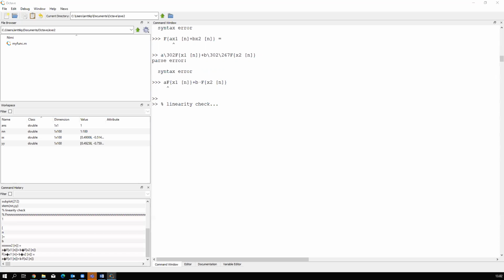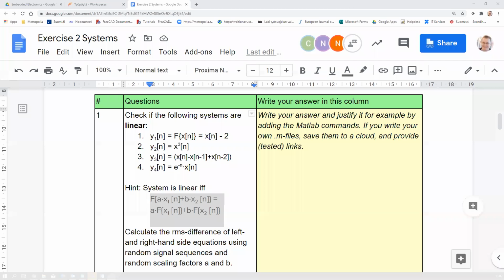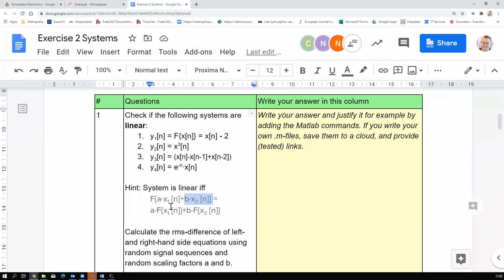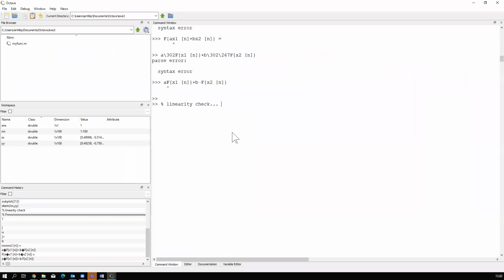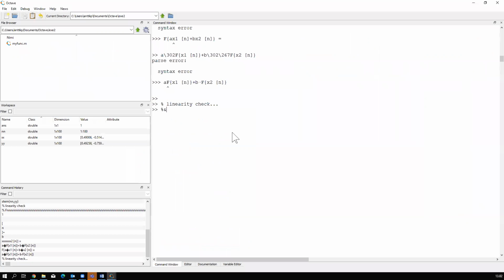So we practically calculate two things. We calculate this part first, which is the left-hand side of the equation.